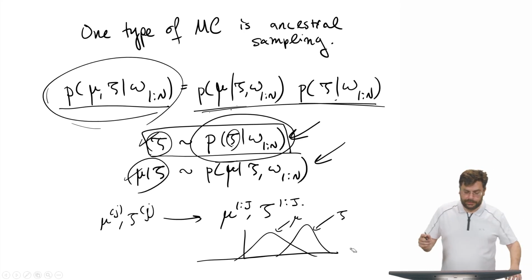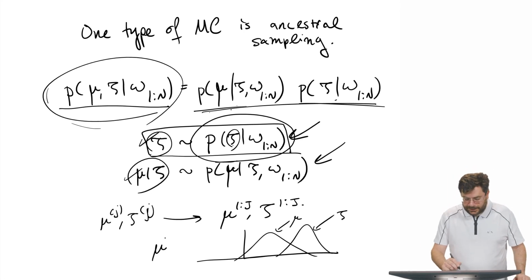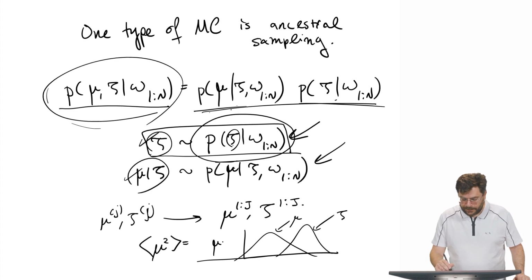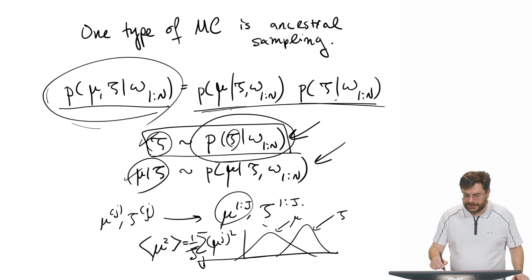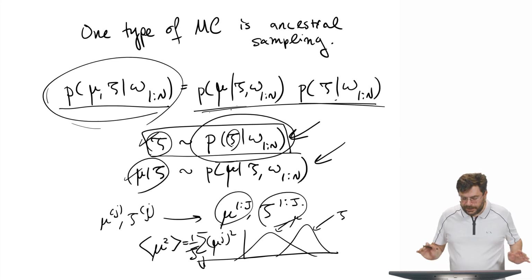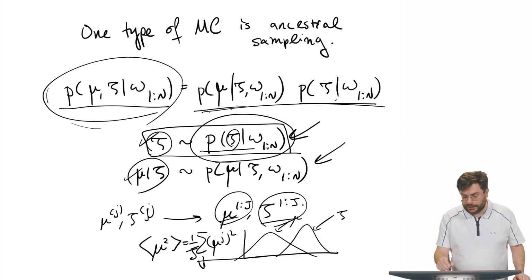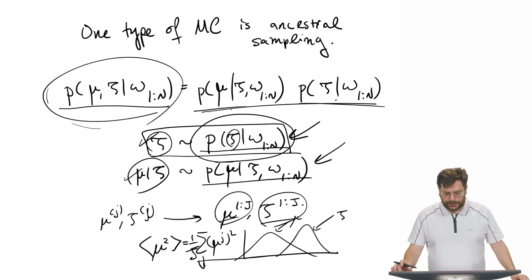I can even compute things like the mu squared average by taking my mu j samples, squaring them, and making sure to divide through by j, summing over j. So there's all kinds of different things that I can do once I have samples of mu and tau. But again, goal number one, in order to obtain samples of mu and tau, is to obtain this distribution and that distribution.